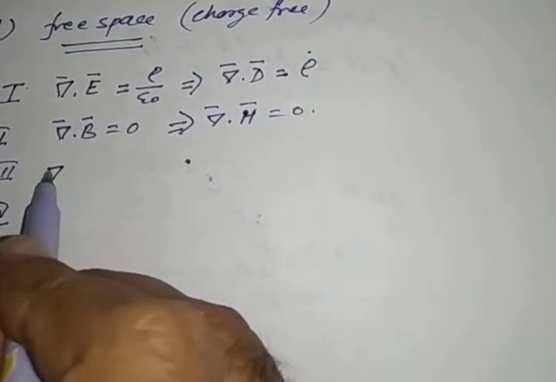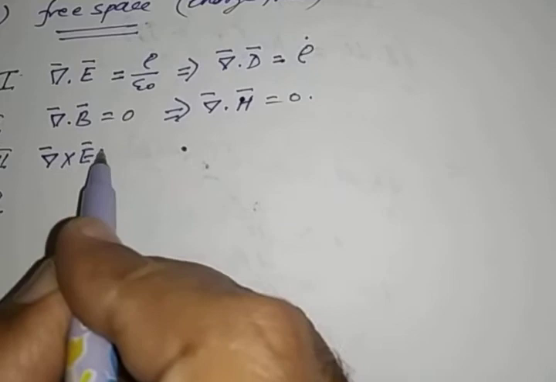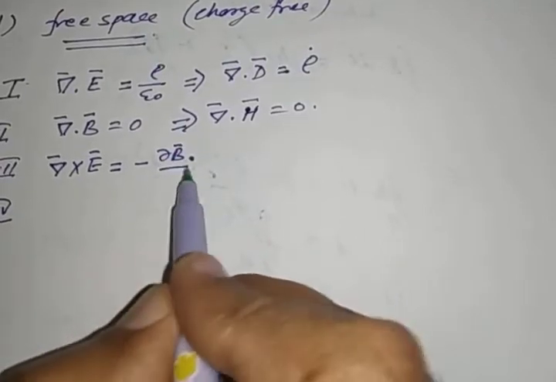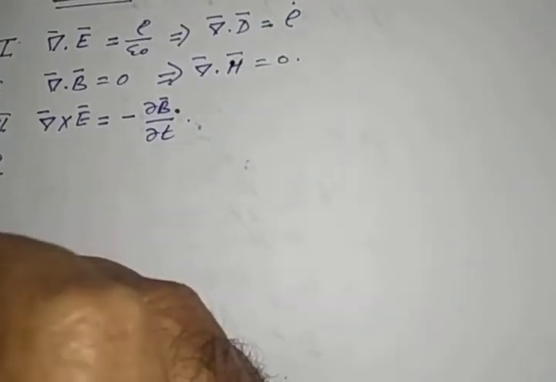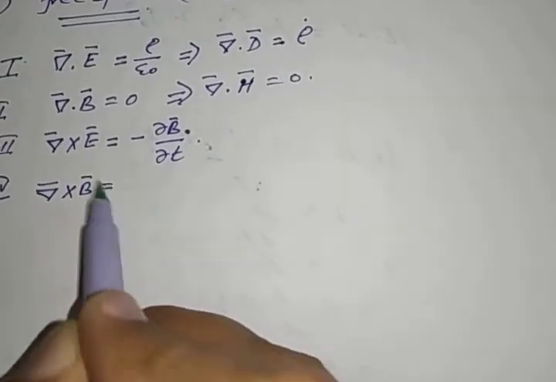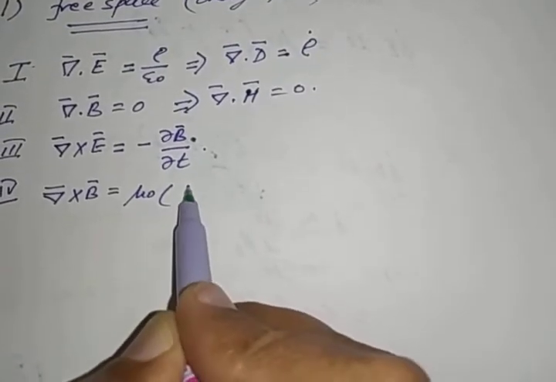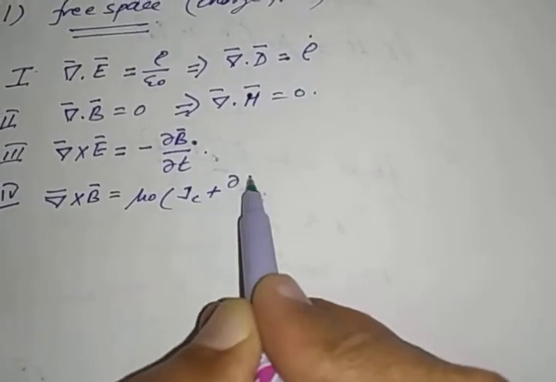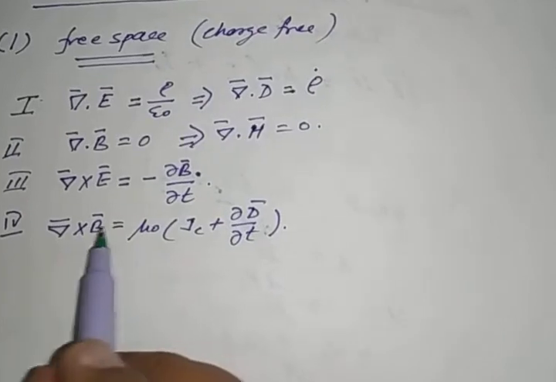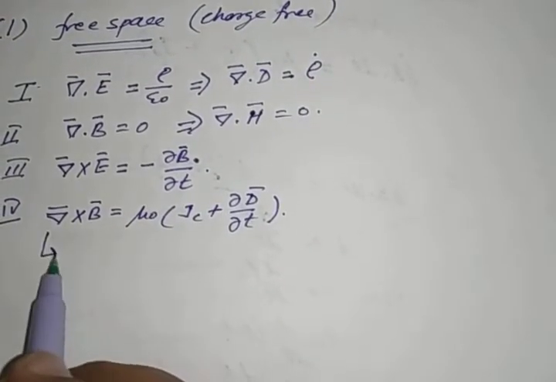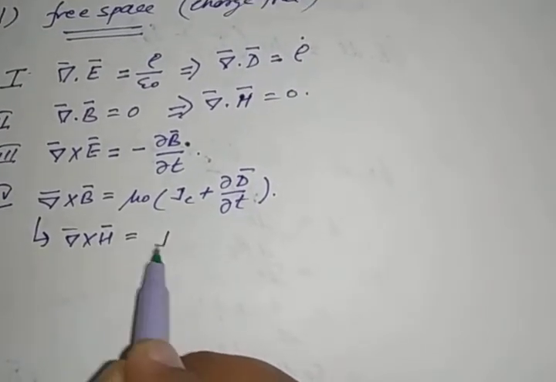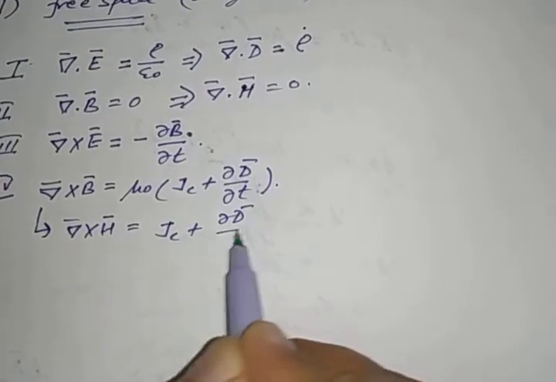Third Maxwell equation, and the fourth Maxwell equation. So in terms of H, we can write this equation as del cross H, because we can move this part here, Jc plus del D by del t.